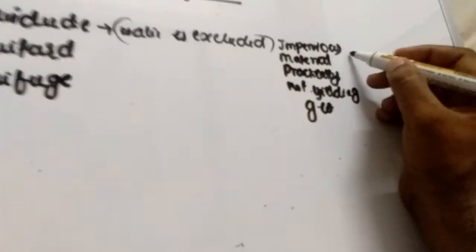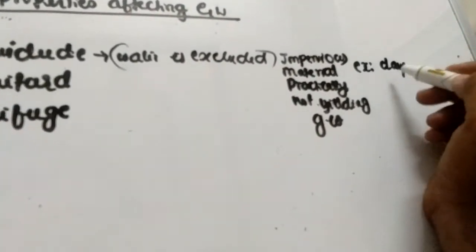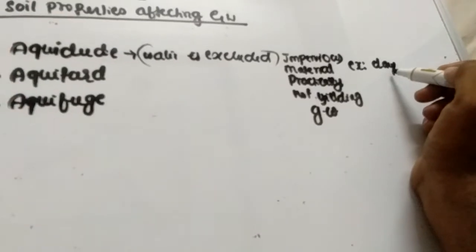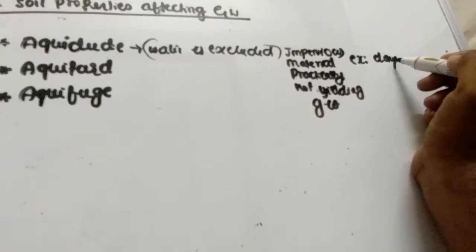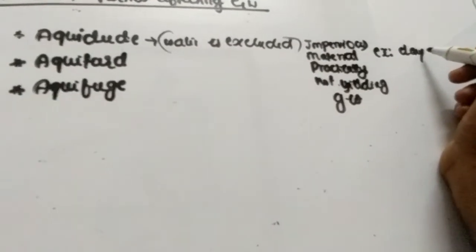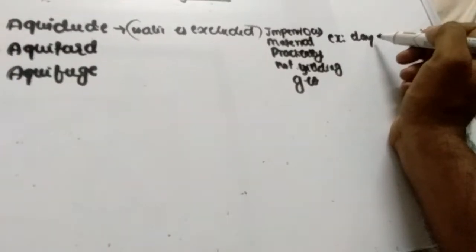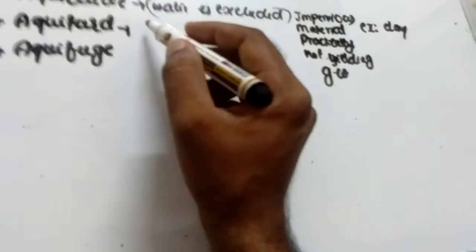Example: clay. Clay is a soil with the finest particle size, therefore the amount of void spaces is very limited. So clay behaves like an aquiclude.